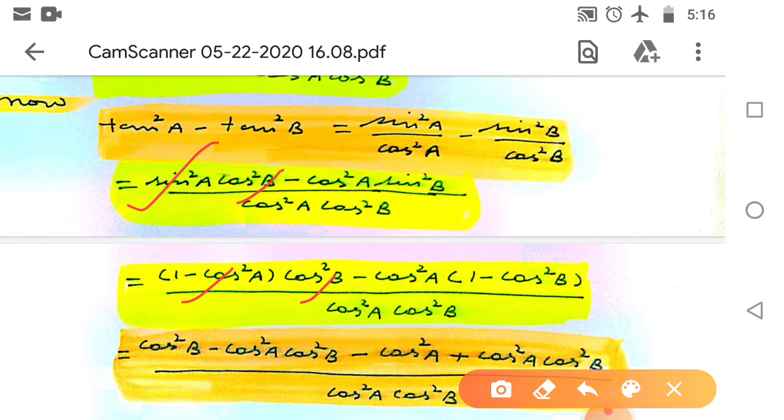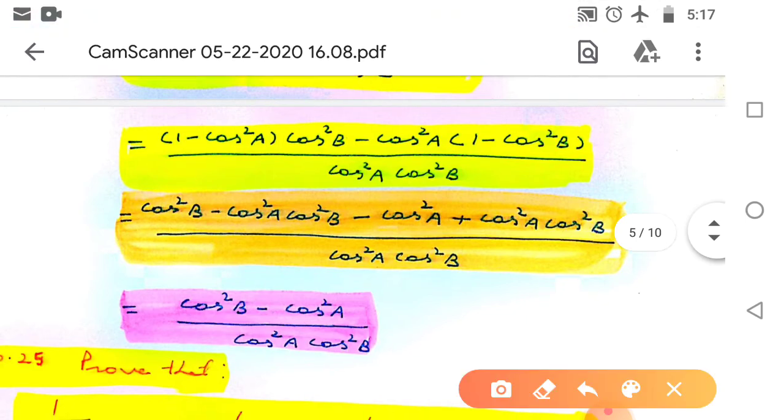Now this is cos square A, but instead of writing this sine square B we write 1 minus cos square B. Next, this is cos square B minus cos square A cos square B, when you multiply this cos square B with cos square A, it becomes cos square B minus cos square A cos square B minus cos square A, and minus cos square A with minus cos square B becomes plus cos square A cos square B, and this is gone.